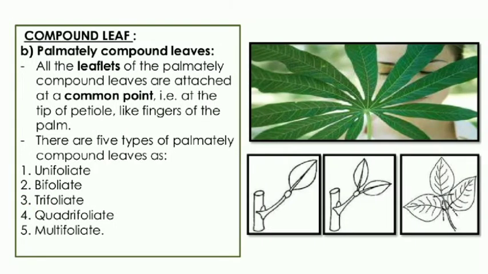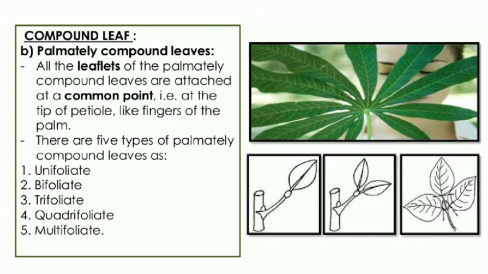Coming to the palmately compound leaf, all the leaflets are attached at a common point. You can see in the diagram, all those leaflets are attached at a common point, at the tip of the petiole, like fingers of the palm.